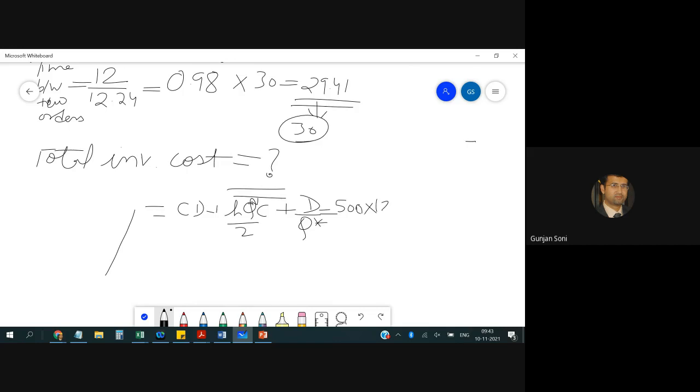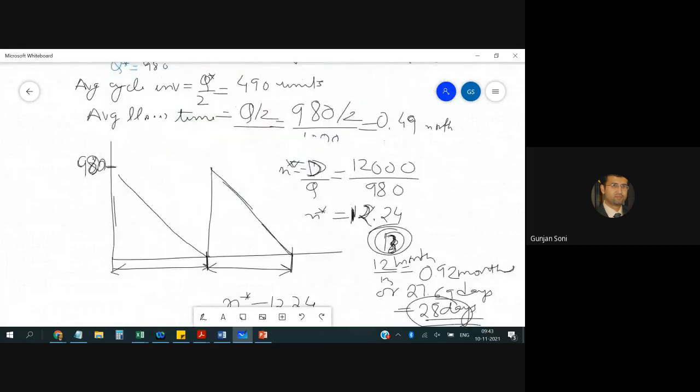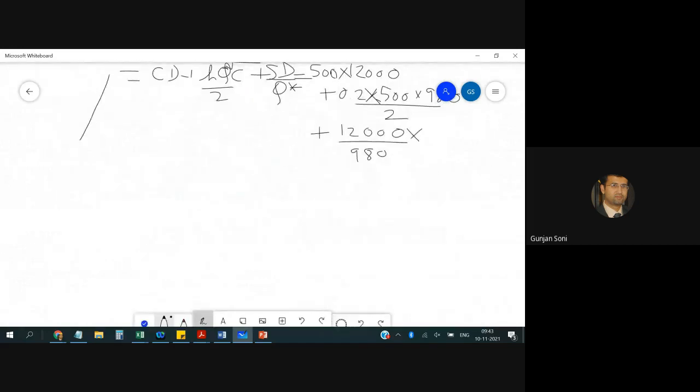Demand per year is 12,000, plus holding cost is 20% of the unit cost, and lot size Q star was 980 by 2, plus total demand is 12,000 units divided by Q star, 980, into, I forgot to write the cost, S into the ordering cost, which is 4,000. So that's how we calculate the total inventory cost.